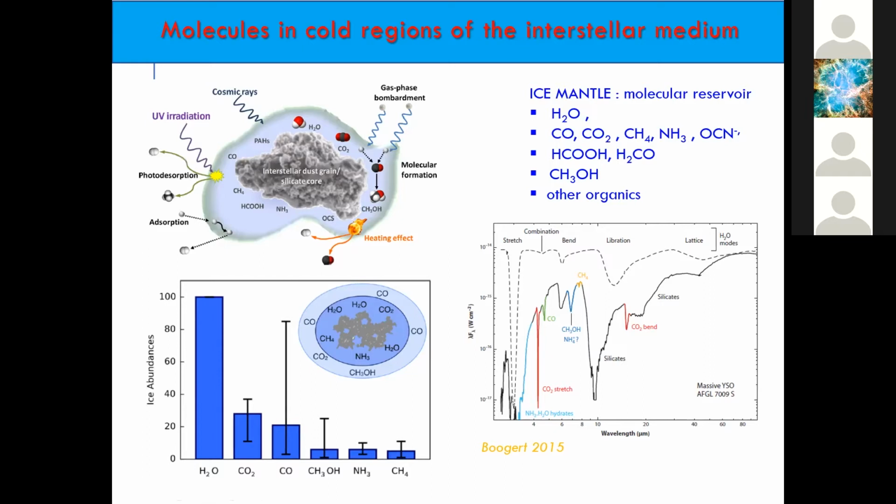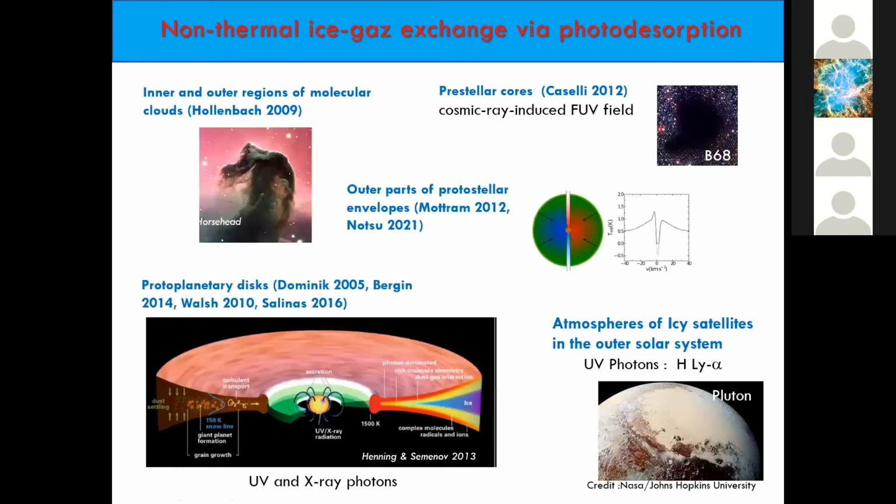Photodesorption is an important process that can explain, for example, the presence of gas in PDRs, due to VUV, but also in outer parts of protostellar envelopes, and to some extent in cores.